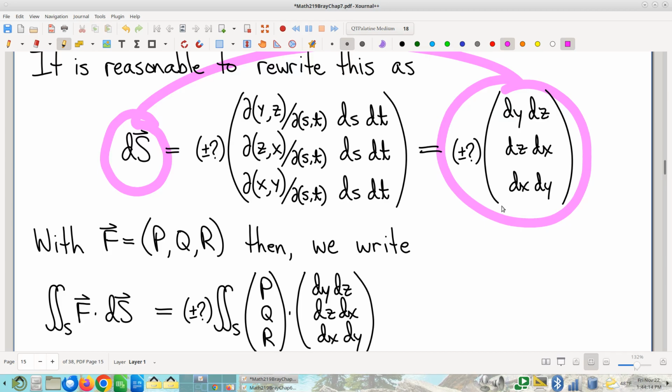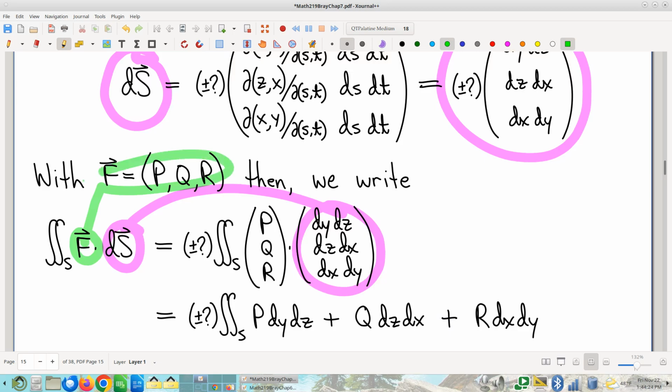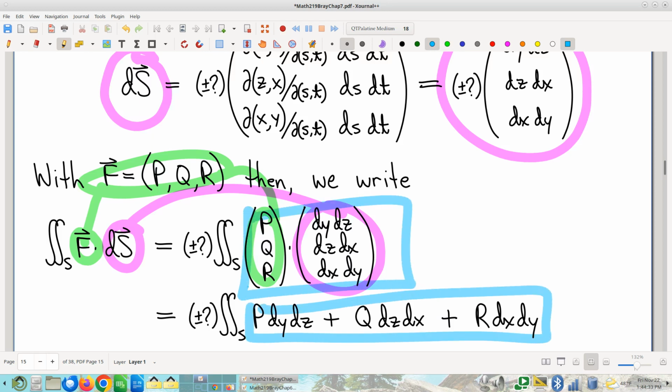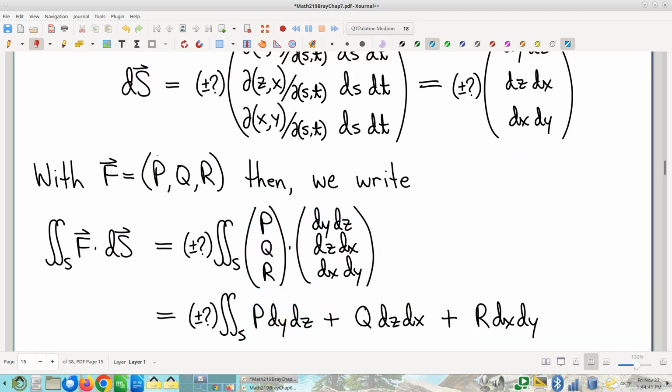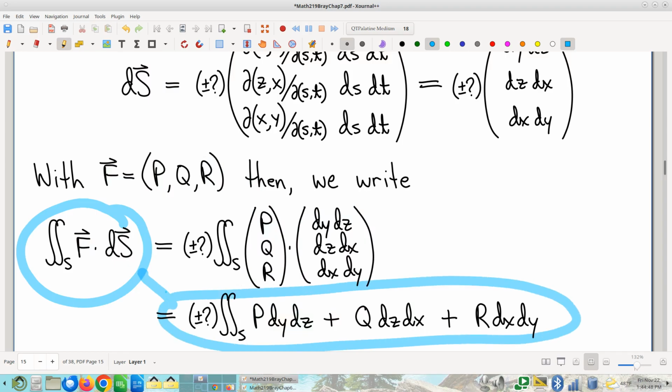Applying that idea, plugging in ds and remembering that our vector field has coordinates, very often written P, Q, R, you can crank out this dot product like so. Again, I didn't really do anything, I'm just moving things around on the page. What we get then is our alternate notation for how to represent flux. This vector surface integral you can instead represent like this.